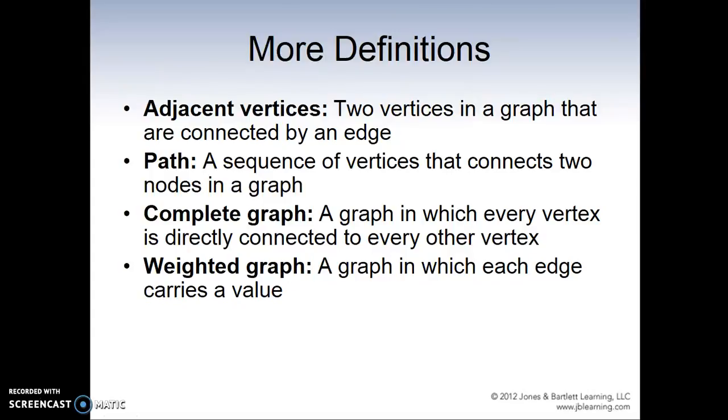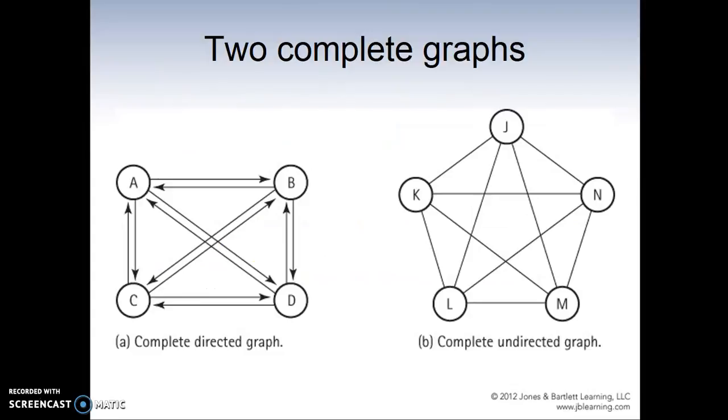So for example, like we said, complete graph, all of them, right, for directed, they are connected all together to all the nodes. Same as undirected, they all connect directly to all the nodes. This is called complete graphs.